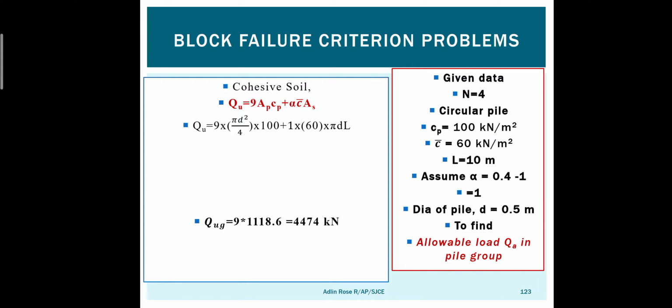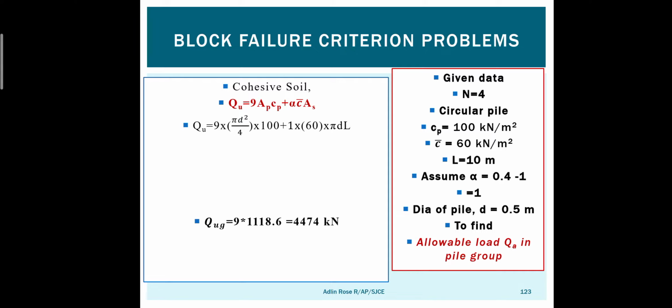Into 60, C bar along the length of the pile, 60, into As, which is the perimeter area of the circular pile. Perimeter area is perimeter into length. Perimeter of a circle is pi d or 2 pi r.